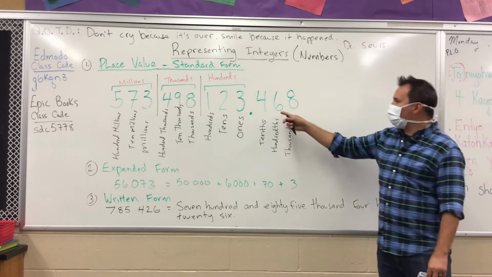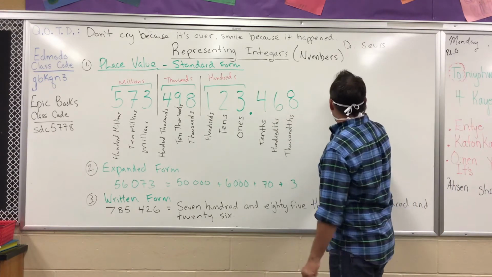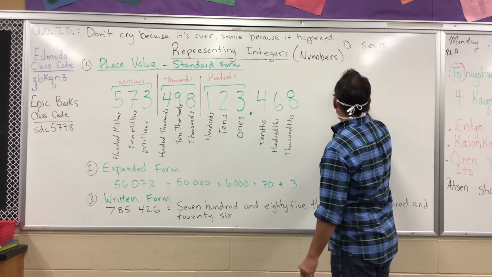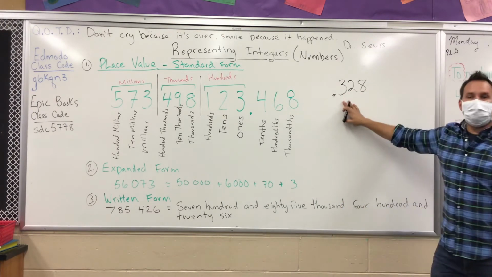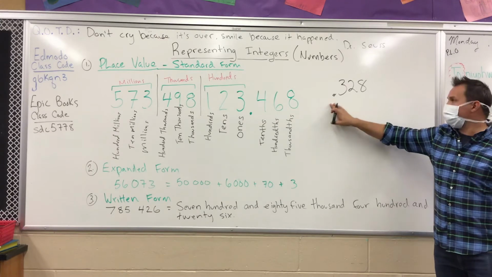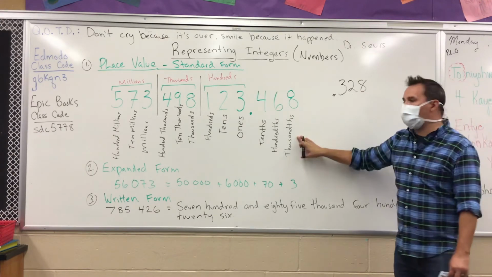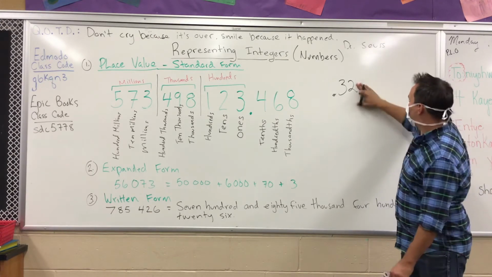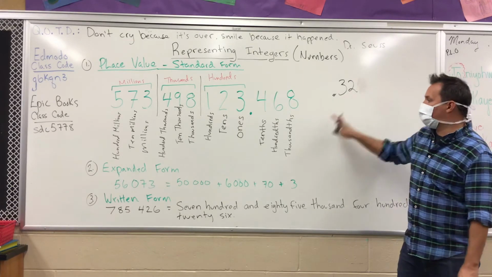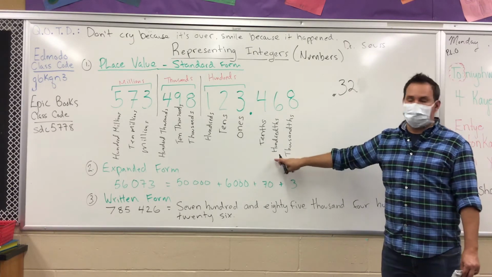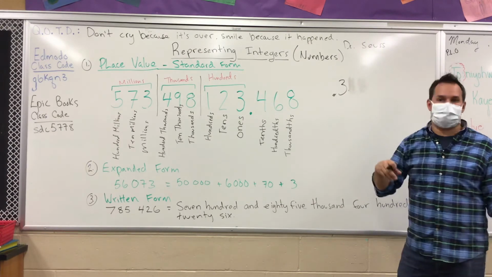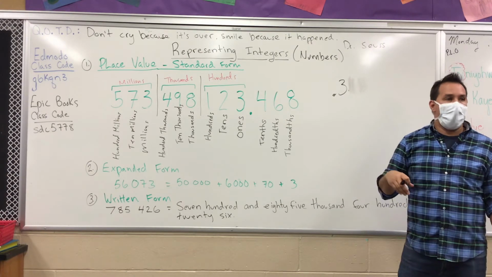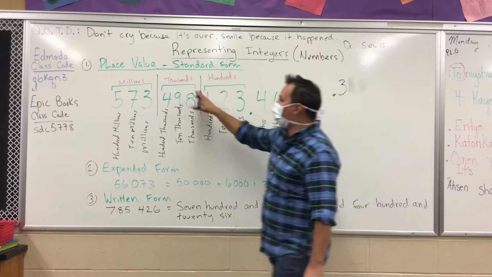If we're writing, let's say, decimal 328, we say this as decimal 328 thousandths. Decimal 32 hundredths. Decimal 3 tenths.